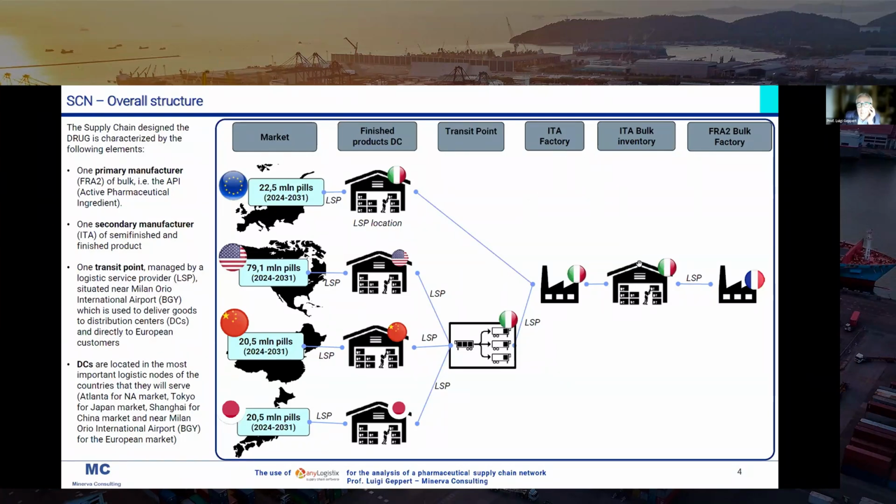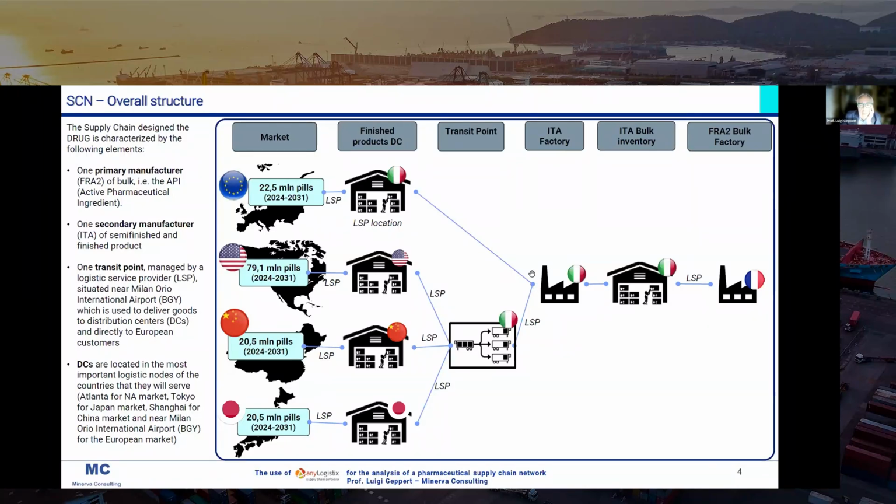And this bulk is used by the contract manufacturer, located in Italy also, that produces at first the semi-finished good. I mean, it transforms the bulk, which is a sort of powder, into several pills, and then also makes the packaging. So the semi-finished product is the pill, and the final product is the case that contains bottles or blisters that in turn contain pills.